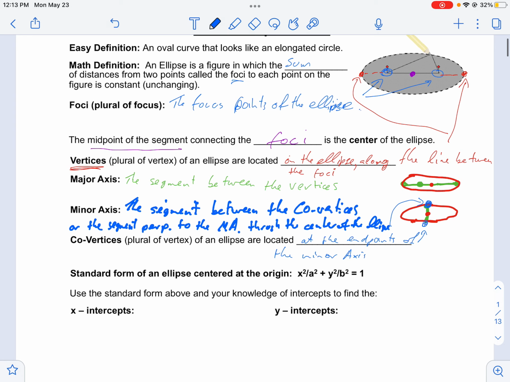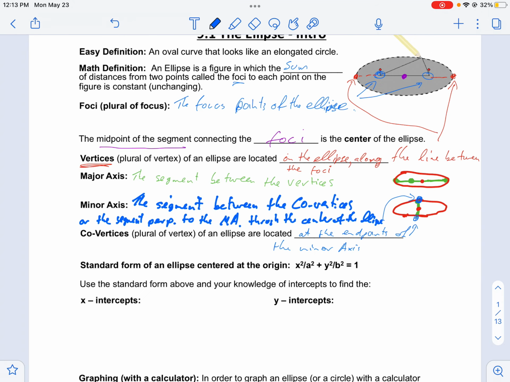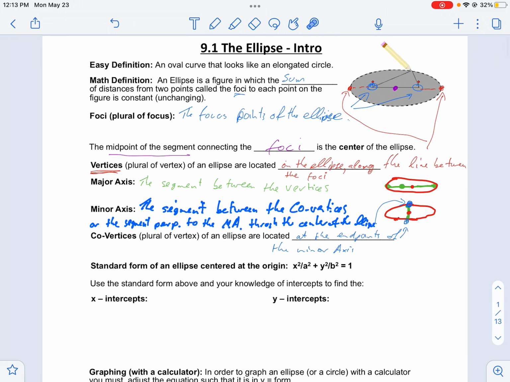Alrighty, so the standard form of an ellipse that is centered at 0, 0, at the origin, is right here. If there is an x-intercept or a y-intercept, it's really easy to find, because all you need to do is plug in zeros for the x or for the y.